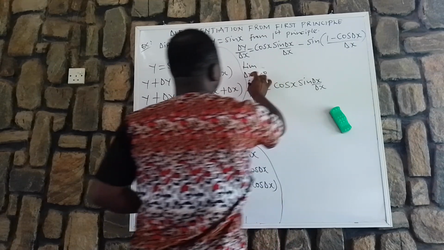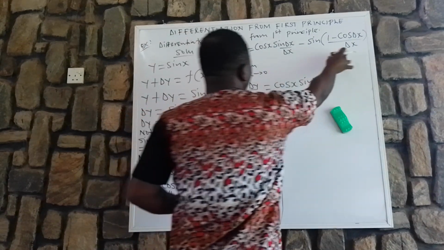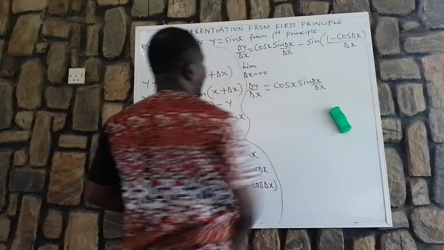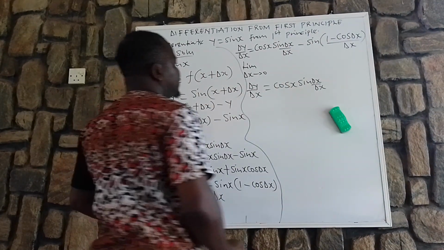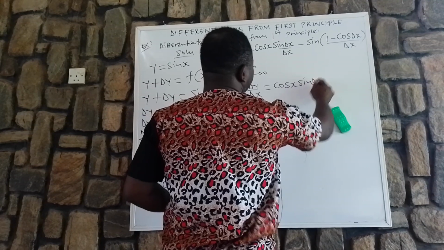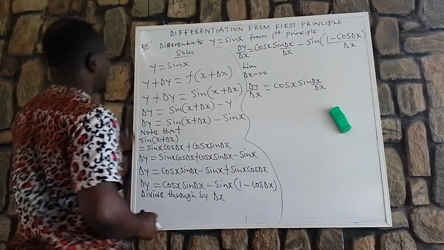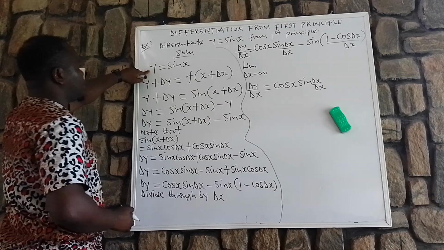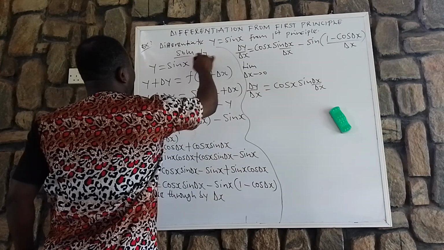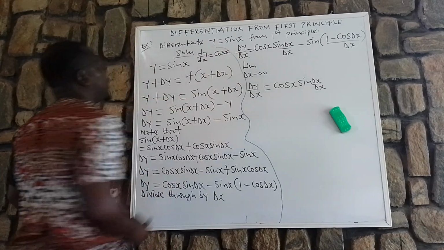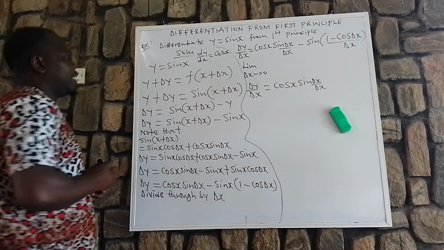The whole of the second term, as dx tends to 0, will be 0. Then we will be left with this. Sine dx over dx is 1. Ordinarily, if we differentiate this function, dy over dx gives us cos x. True or false? Yes, that is the answer.